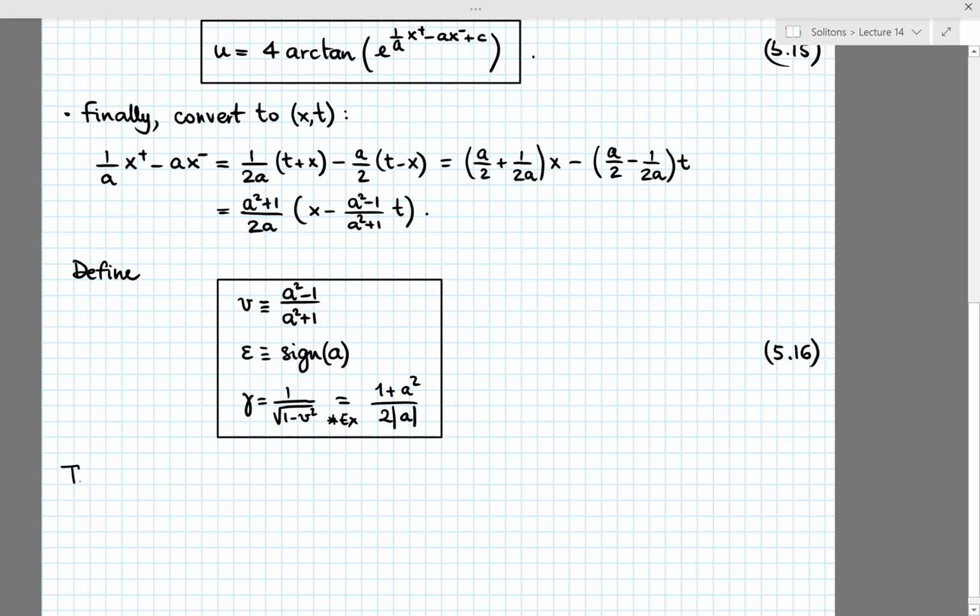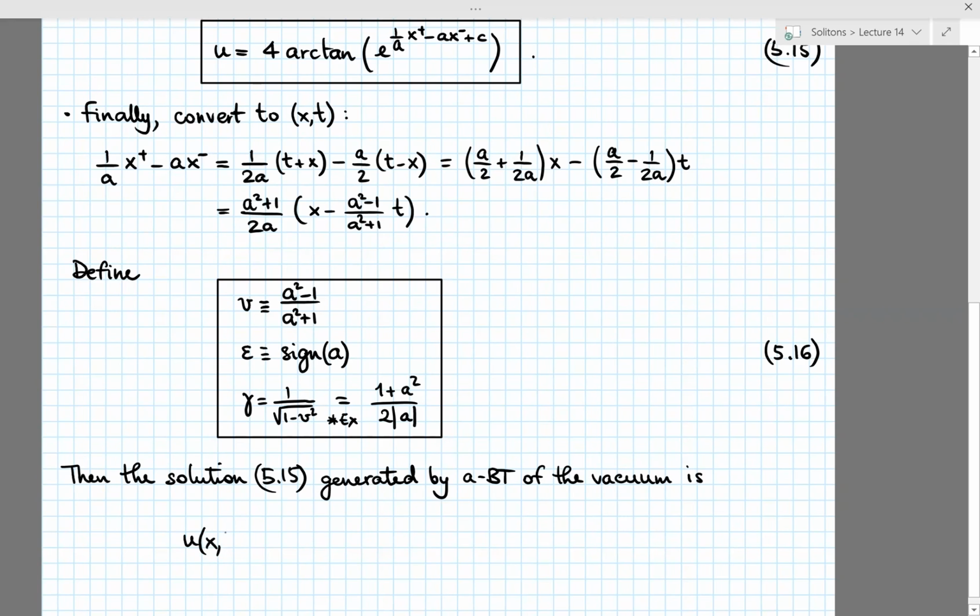With this definition, the solution 5.15, which we generated by applying an auto-Backlund transform to the vacuum, reads as follows.